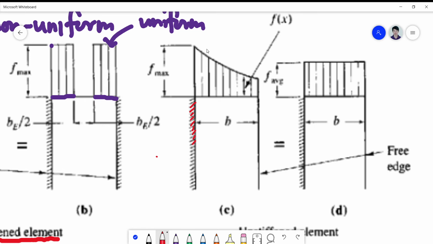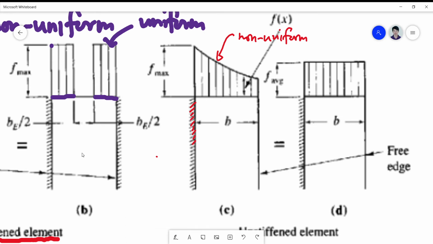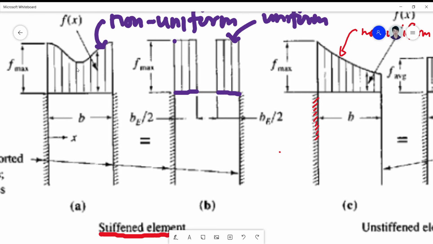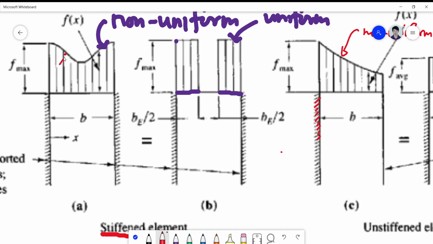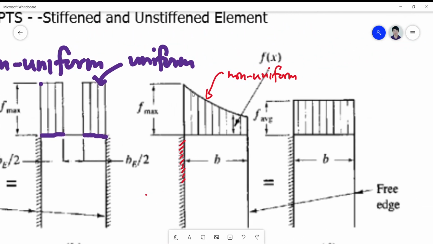Hence, again a non-uniform distribution of stress will exist, but the difference between the first and the second one is that the first one is symmetrically placed because the support conditions are the same on both sides, while this is non-symmetric, where the side having a restraint condition gives you a bigger stress.